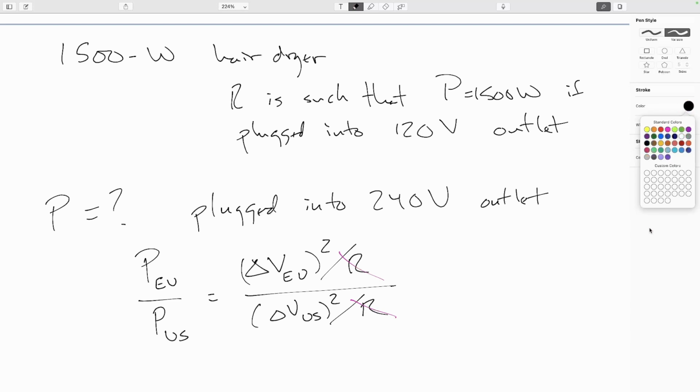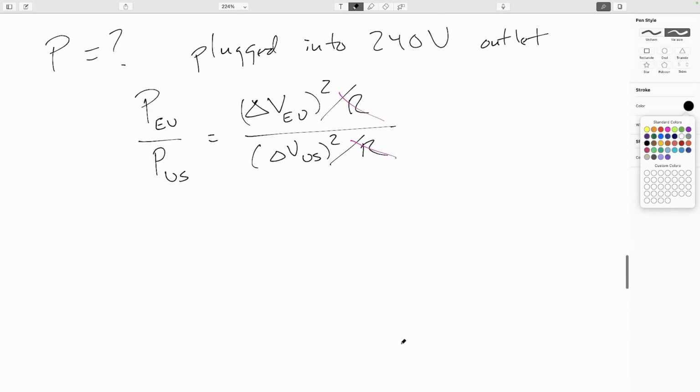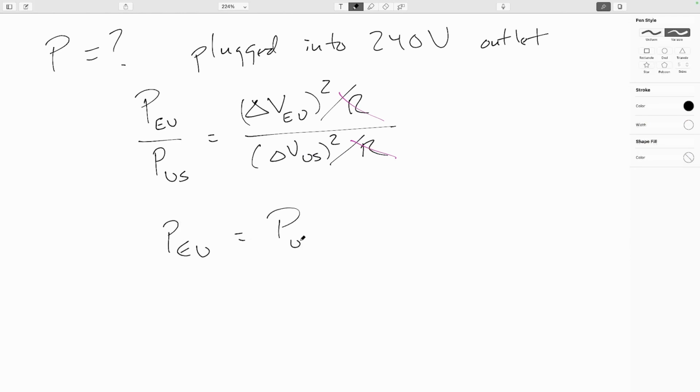I can rework the algebra a little bit to get that the power dissipated, if I forget to throw the switch in the European Union, will be the power dissipated in the US times the ratio of the voltages squared.